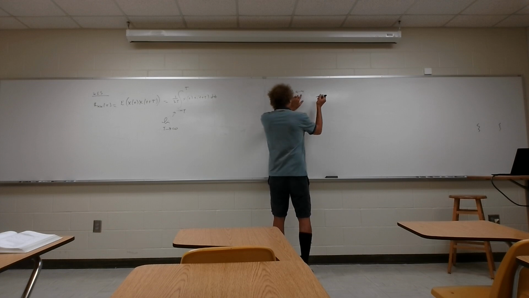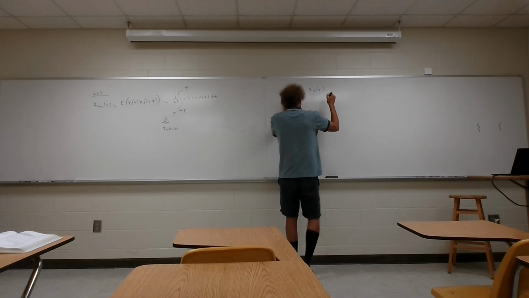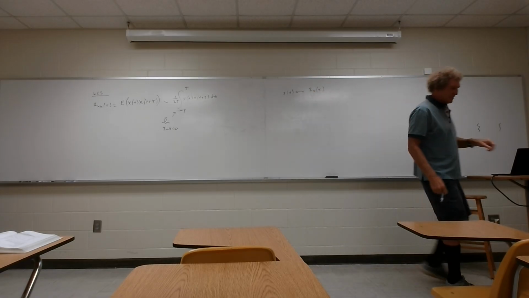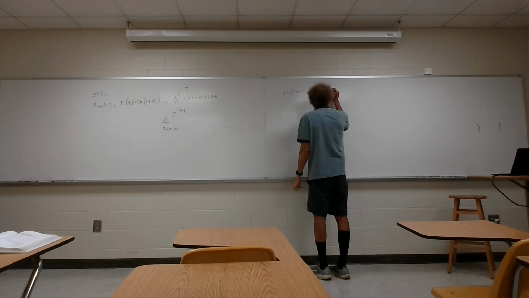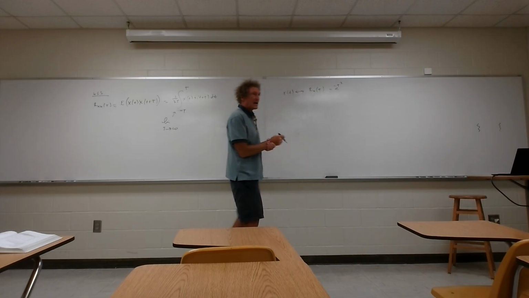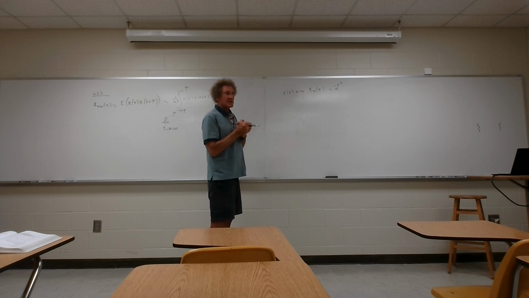Then we can get an autocorrelation function, R_x of tau. And for this one, in the example, he says it's e to the minus tau squared. Now that's an even function, has a peak value at tau equals 0. It has no sharp edges or anything like that, and it is a legitimate autocorrelation function.